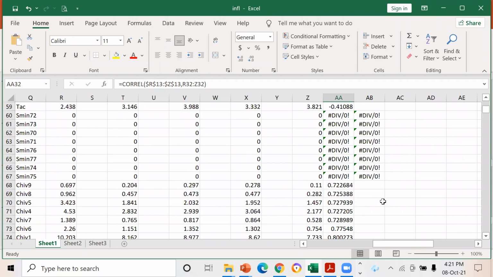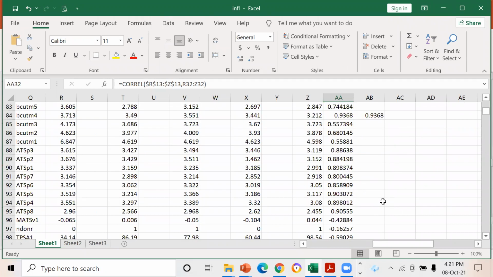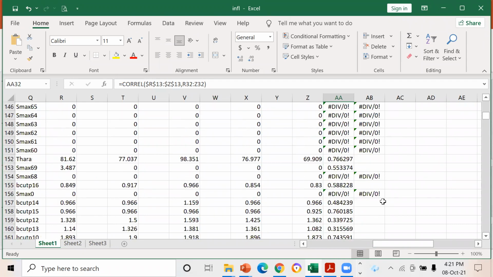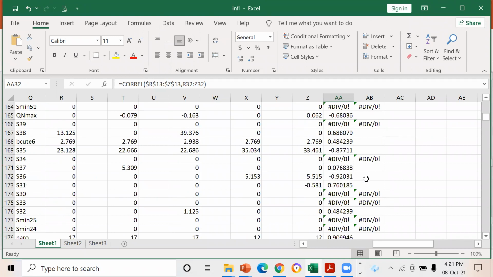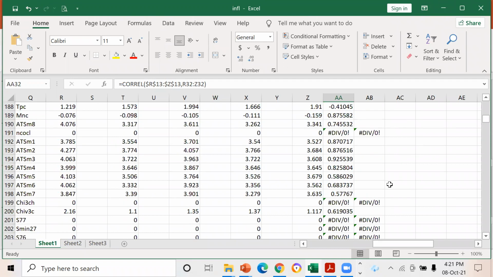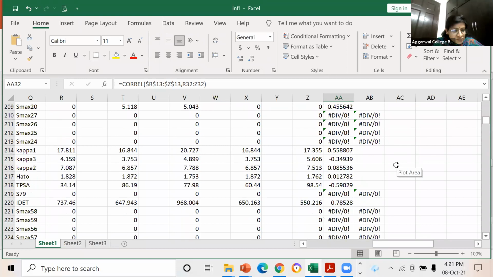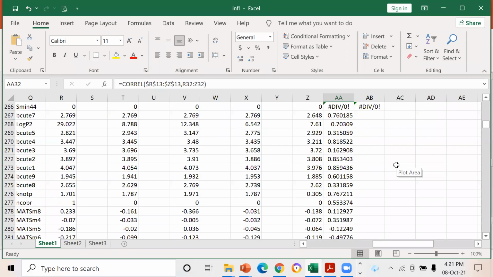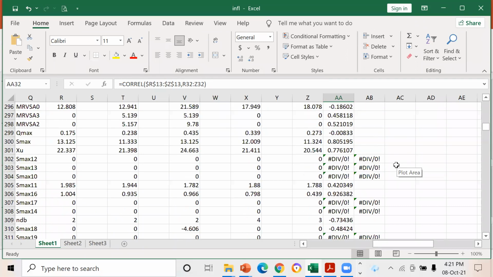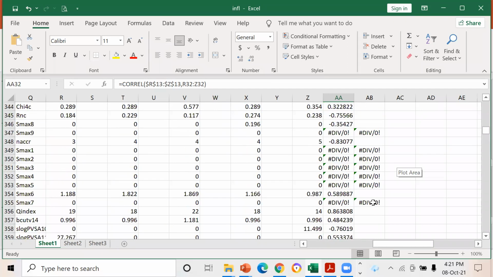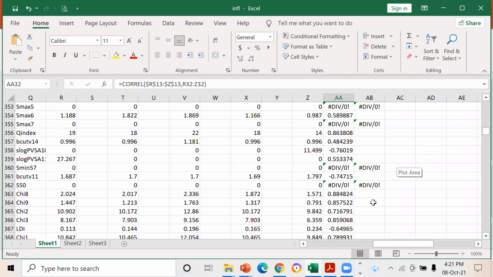So let us see whether I get something good further down. 0.6, 0.92. This column. Nothing is close to 0.9.